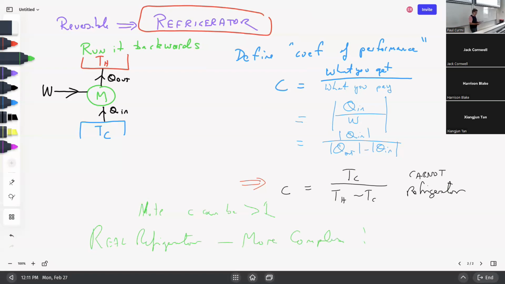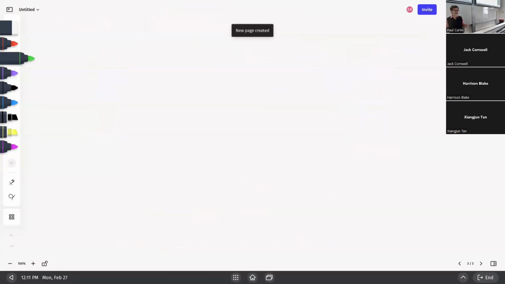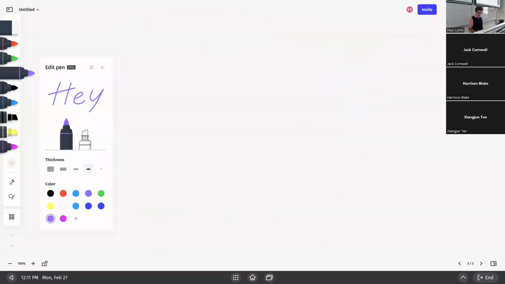I don't want to teach you about refrigerators. I care even less about refrigerators than I care about heat engines. But the fact that you can run this as a refrigerator is absolutely crucially important in building up the second law of thermodynamics. So we're going to use the fact this thing can be a refrigerator to do something.